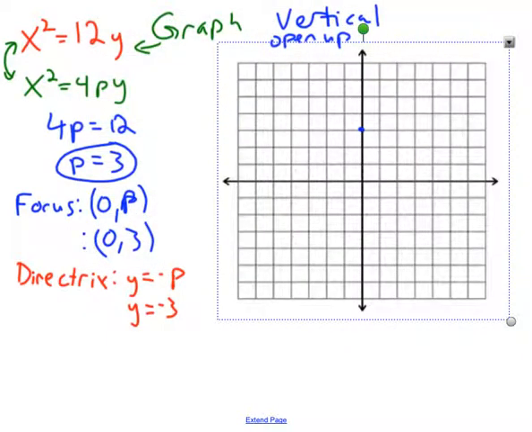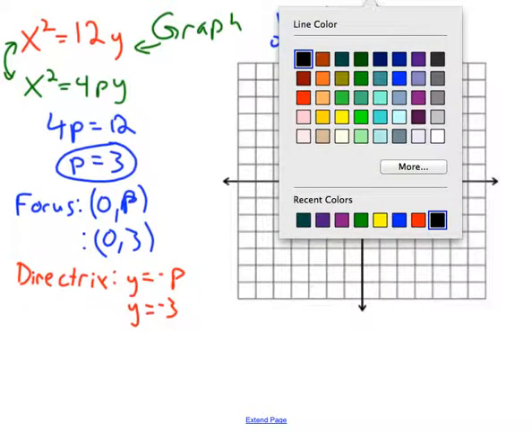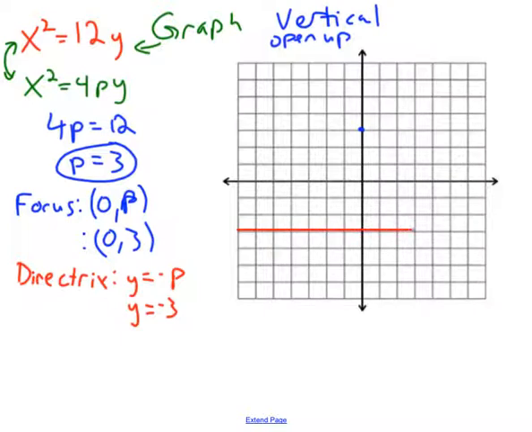All right, let's make that line down here at negative 3. There's our line. That's our directrix down there, y equals negative 3. And so the parabola has to be all points equidistant from both of those.